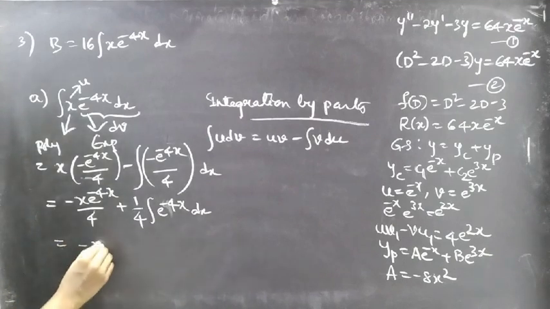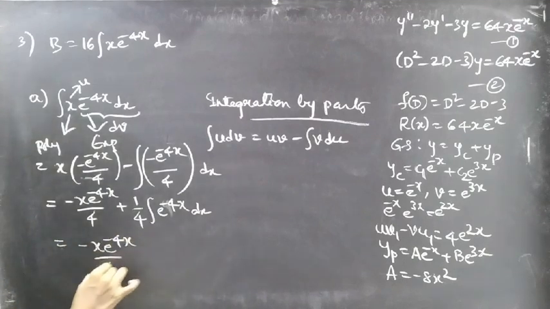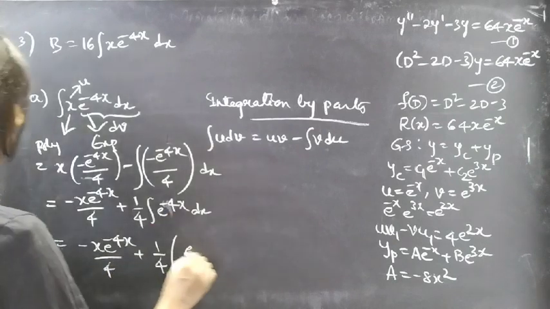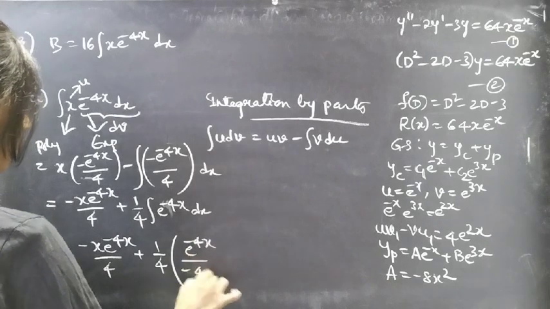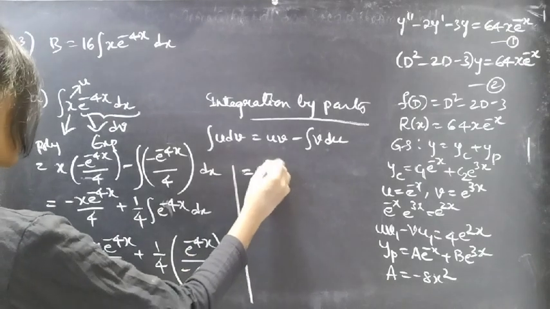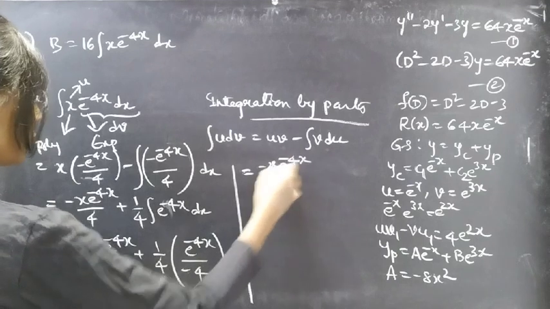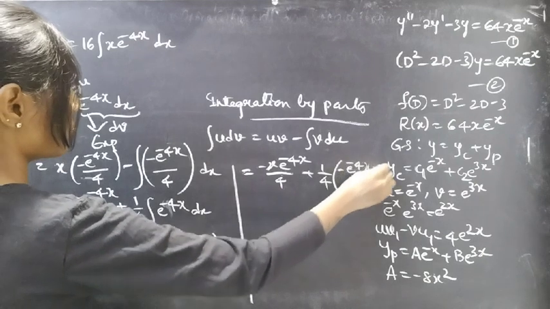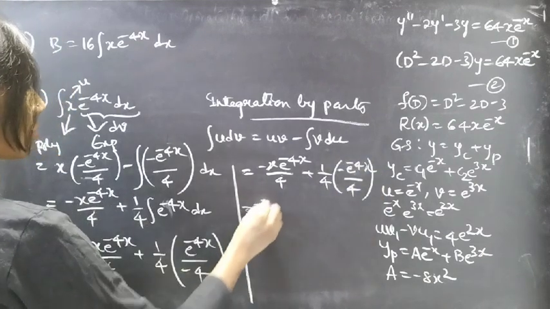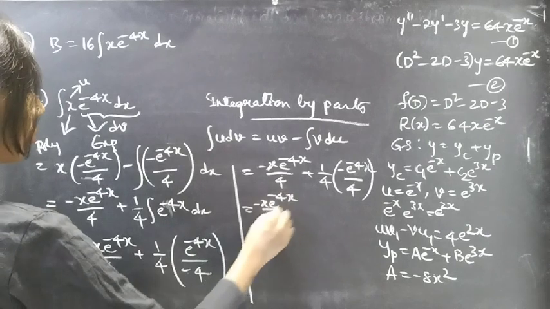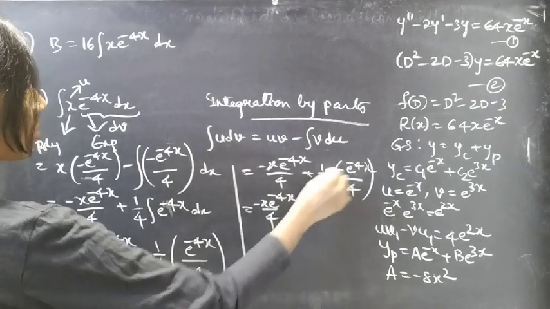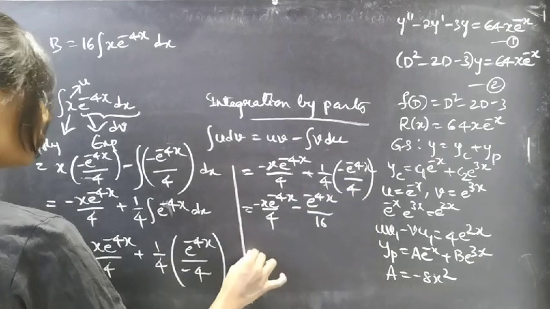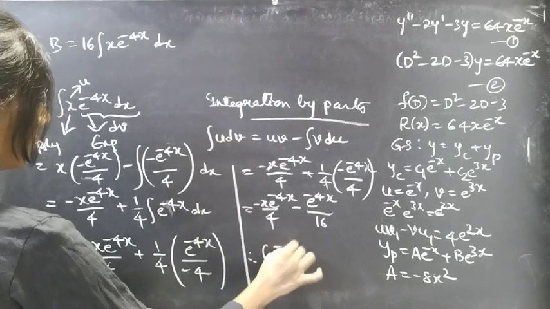This gives us minus x e power minus 4x by 4 plus 1 by 4 into integral e power minus 4x dx, which is e power minus 4x by minus 4, or we can write this as minus x e power minus 4x by 4 plus 1 by 4 into minus e power minus 4x by 4, right? This gives us minus x e power minus 4x by 4 minus e power minus 4x by 4 into 4, and 4 fours are 16.